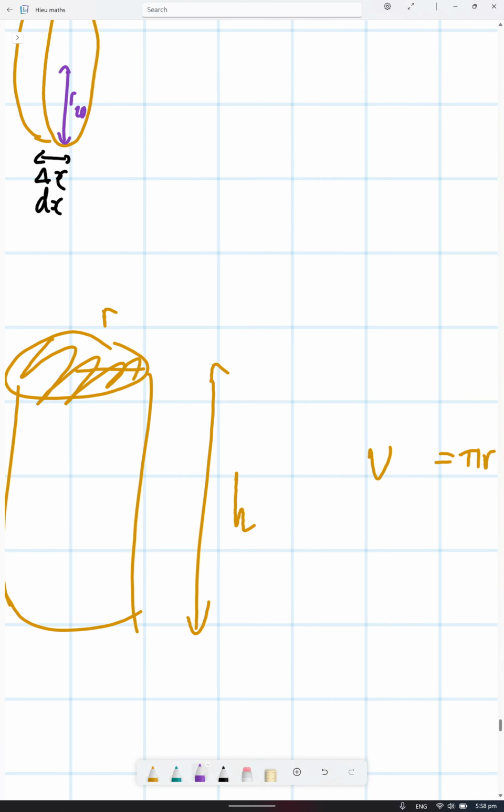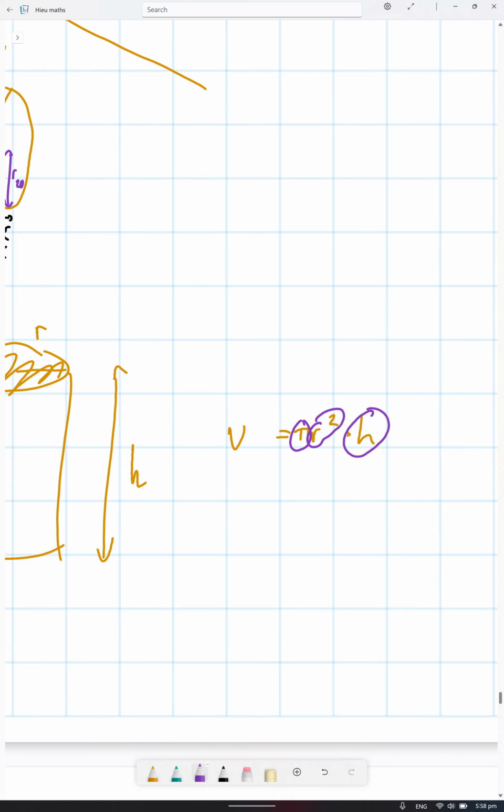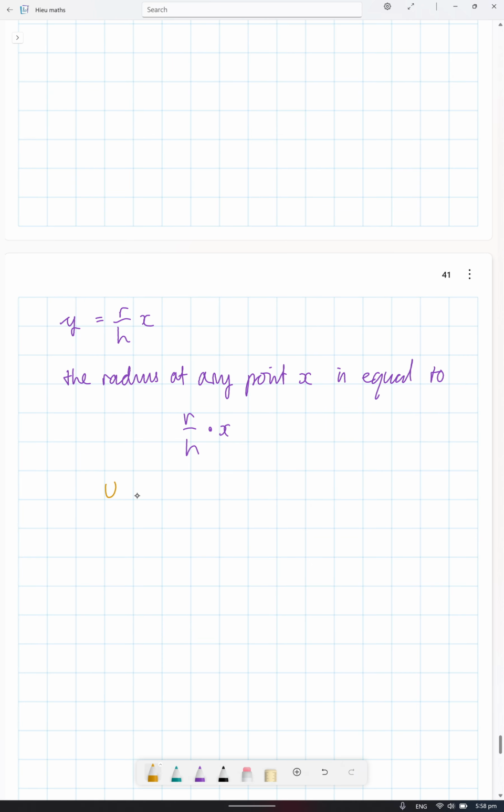Remember, what's the equation for a cylinder? The volume of a cylinder is equal to pi multiplied by the radius of that point multiplied by h. I'm going to rewrite this down here, okay? The volume of a cylinder is equal to pi multiplied by the radius of that point squared, then multiplied by the height.